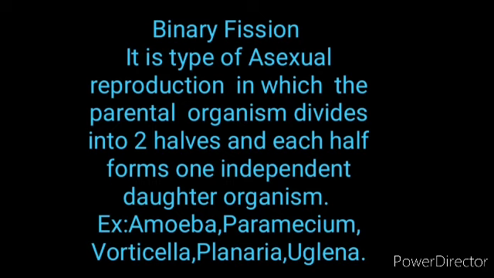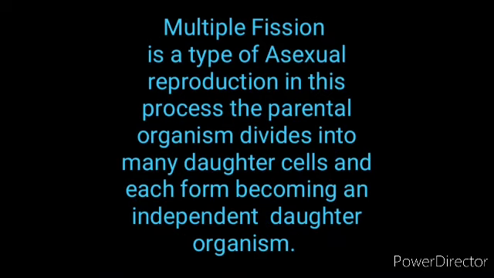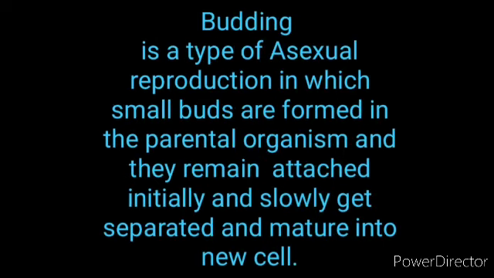Many examples are there: amoeba, paramecium, vorticella, planaria, euglena, etc. Next, the second one, multiple fission, also a form of asexual reproduction. In this process, the parental organism divides into many daughter cells, and each becomes an independent daughter organism. Examples: amoeba again, Plasmodium, and another important example is monocytes.